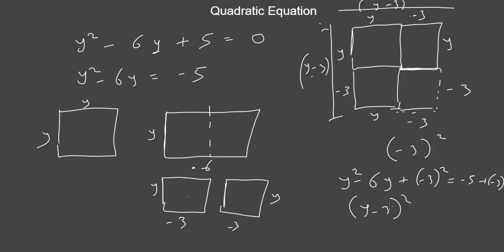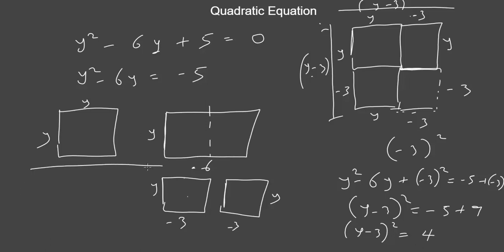That's what we got after attaching this minus 3 times minus 3, which is minus 3 squared. Then if you simplify this, that gives you minus 5 plus 9, and that will give you y minus 3 squared equals 4.